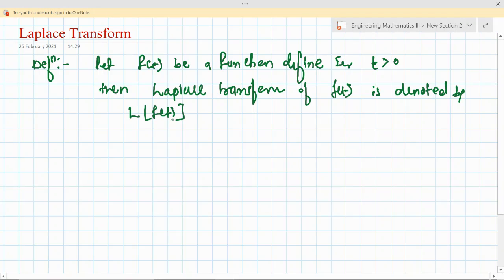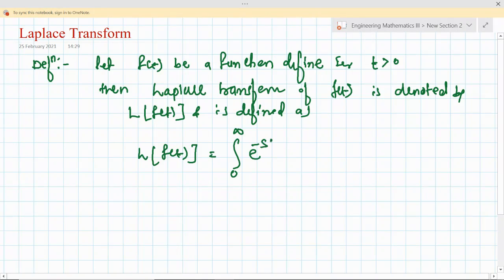This is the notation and it is defined as: Laplace of f of t is equal to the integration from 0 to infinity of e raised to minus st into f of t dt, and this is also called capital F of s, where s is a parameter.